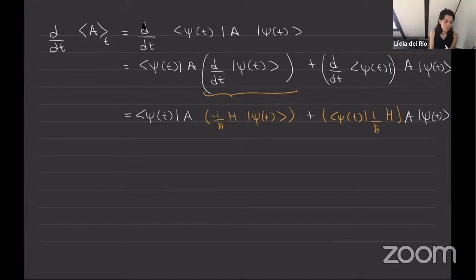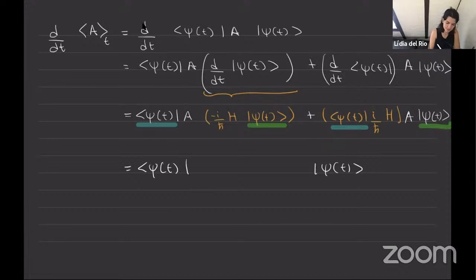Now, what we see here is that, look, we have this on the left and this on the left, and this is just a vector again. And then we have this on the right and this on the right. It's just a vector again. So we're just going to pull them out and make a sandwich. Okay, here's the other one.